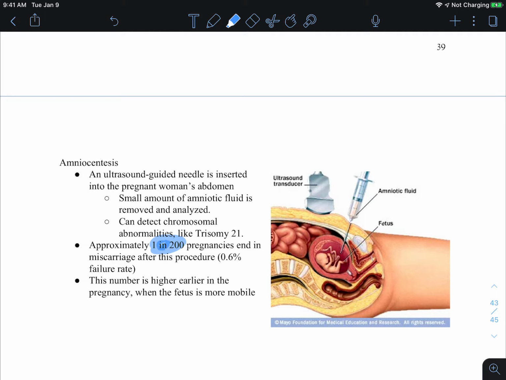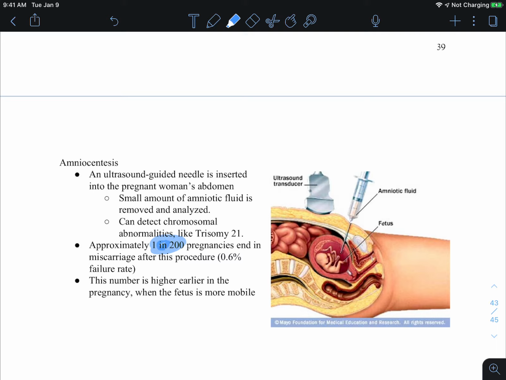This could be from a variety of reasons. Possibly the sac is thin, or there's a jostling of the needle, or any sort of disturbance of the amniotic sac can cause a miscarriage to occur. So that's why this does come with some risk.